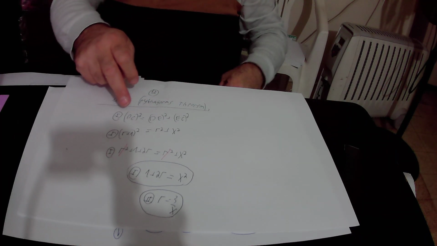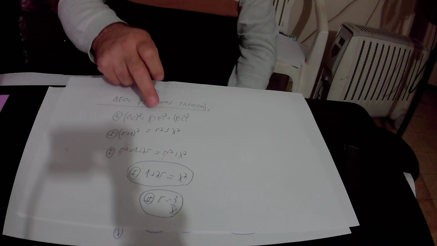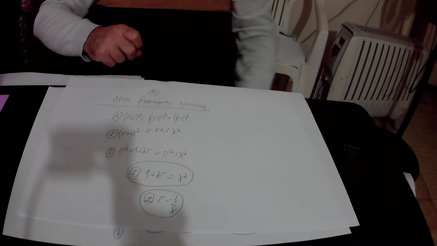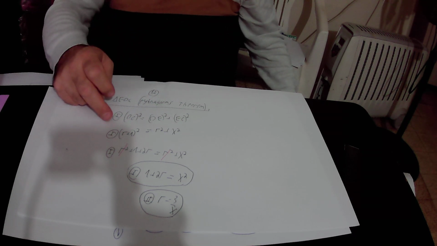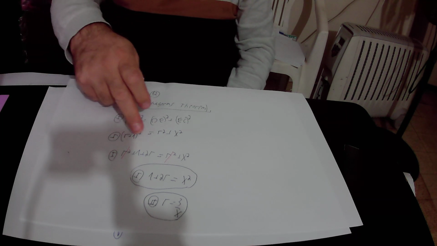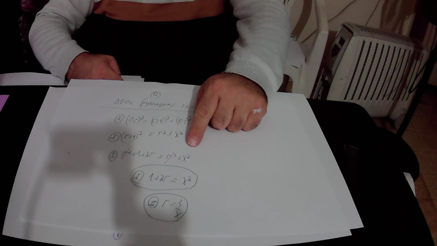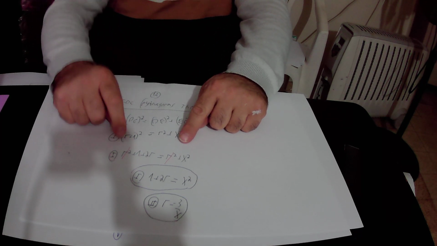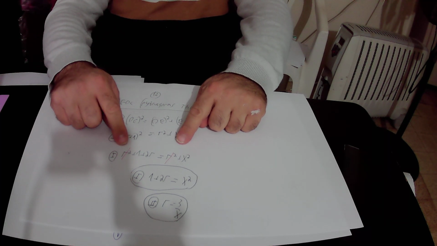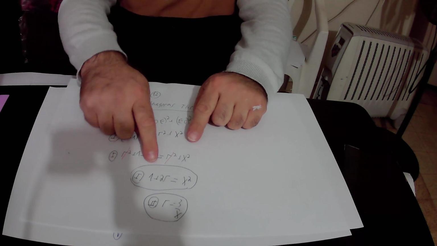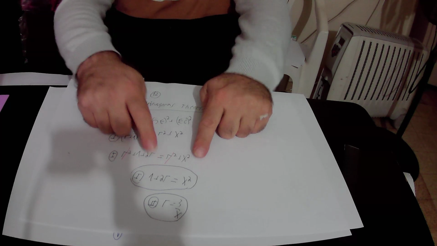So in total, we got that R plus 1 squared equals R squared plus X squared. Here we open the bracket, and we got that R plus 1 squared equals R squared plus 1 plus 2R, and it equals R squared plus X squared. We subtracted R squared, and we got that 1 plus 2R equals X squared.